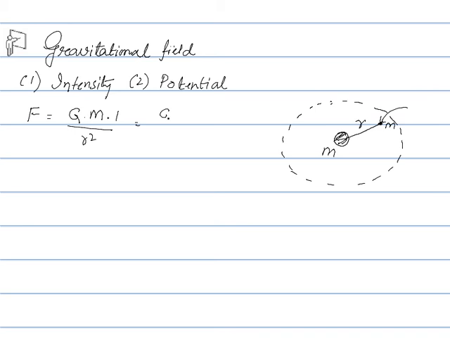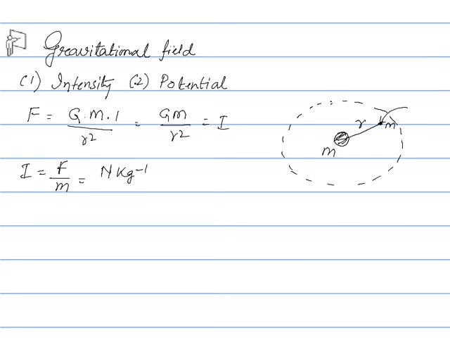So G m by r square is the force experienced by the unit mass. This is called intensity at this point. So intensity is nothing but the force per unit mass. The unit of intensity is force per unit mass, so this is Newton per kg.